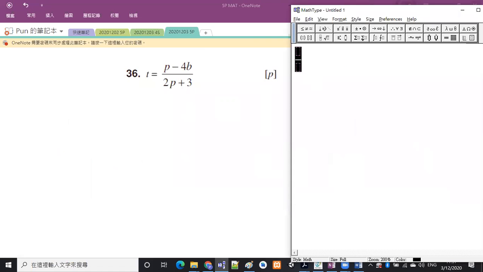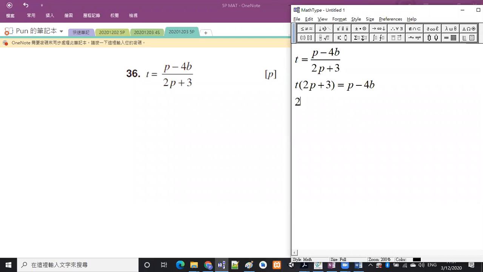Sorry. T is equal to P minus 4B divided by 2P plus 3. Okay. And then I want to change the subject to P, and I have a fraction, and luckily, this is a single fraction on the right hand side. So I just multiply the denominator to the left, like this, and then remove all the brackets.